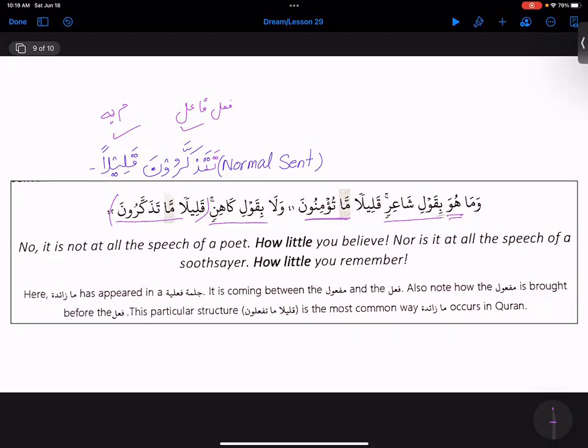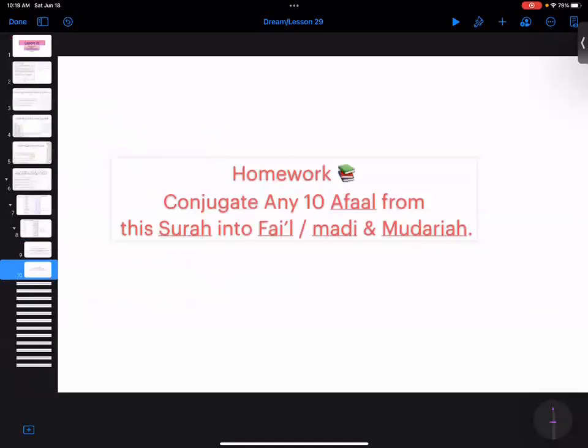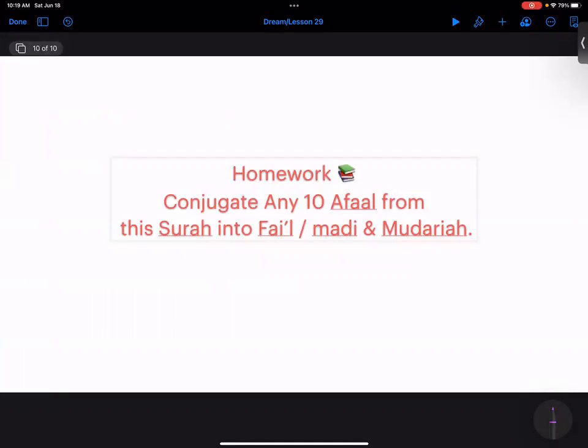That should be the order. But Allah subhanahu wa ta'ala brings qalilan before, to stress it. And when that happens, it gives the meaning of how little. How little ma tadhakkarun, what they remember. This is very beautiful, and you will see in the Quran a lot that this is happening. That's why I want to mention it.